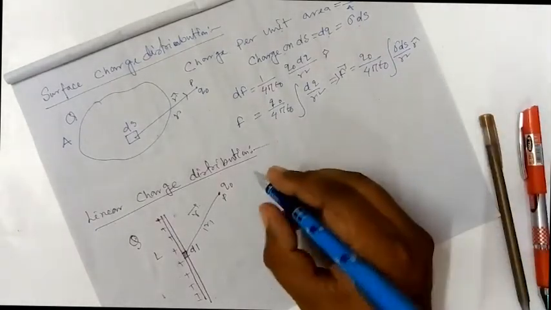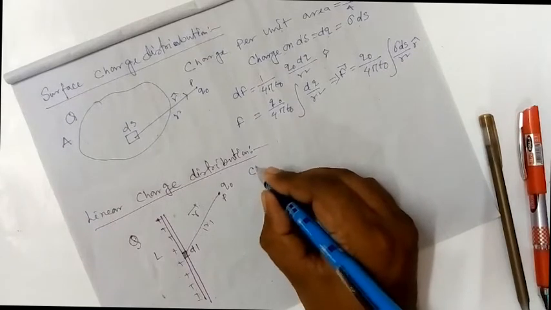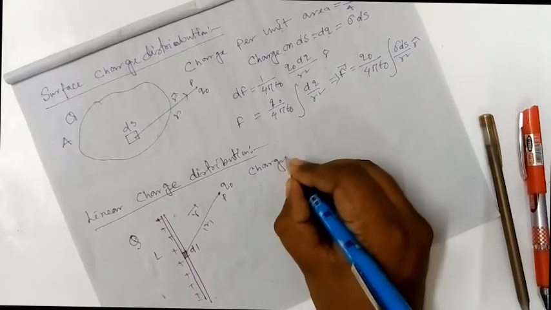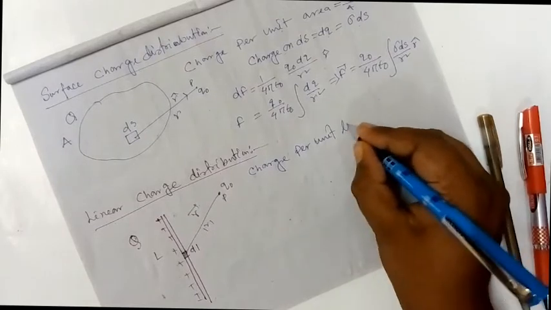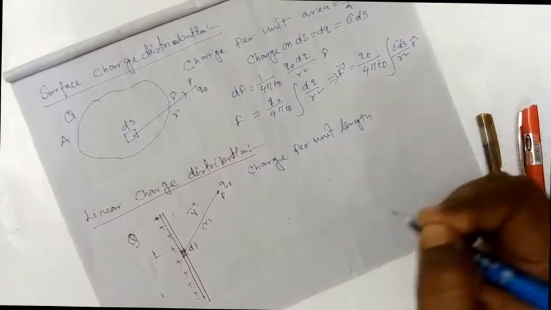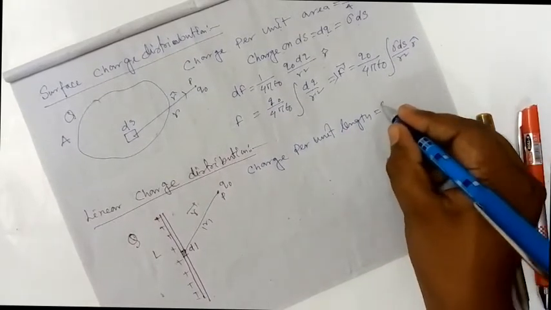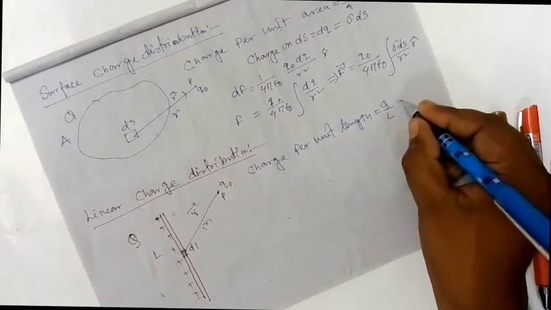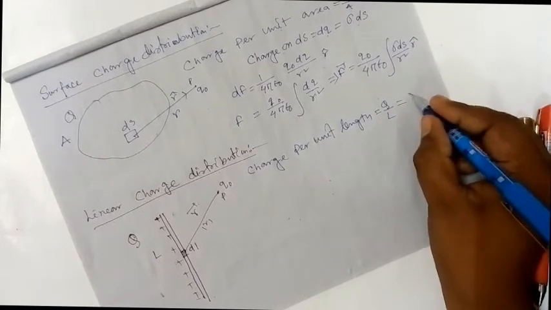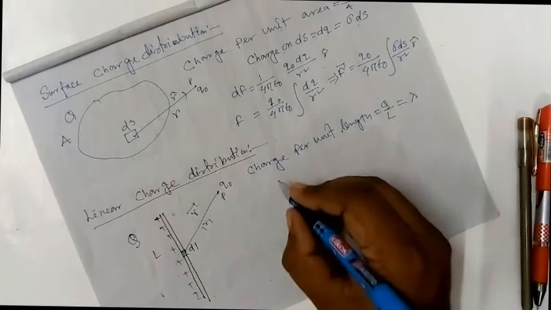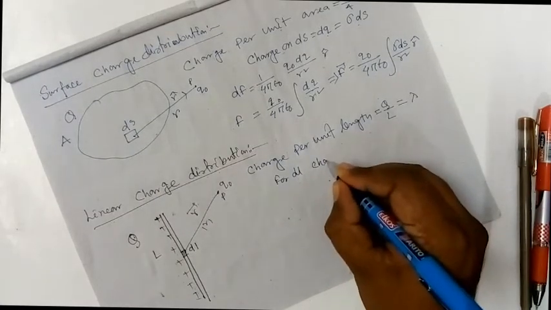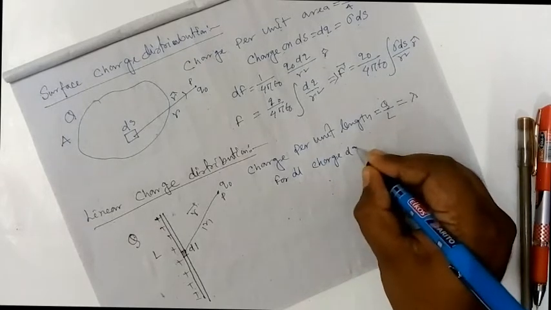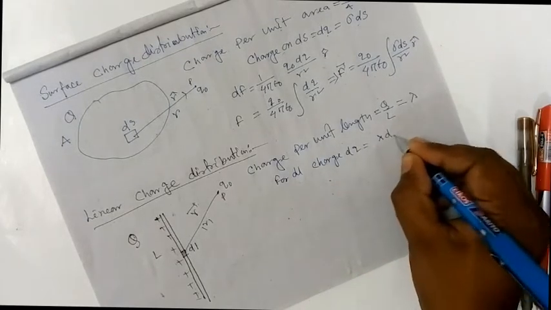For that reason we have to find out charge per unit length. So charge per unit length is Q by L. So Q by L is equal to lambda. And for dl, charge dq equals lambda into dl.